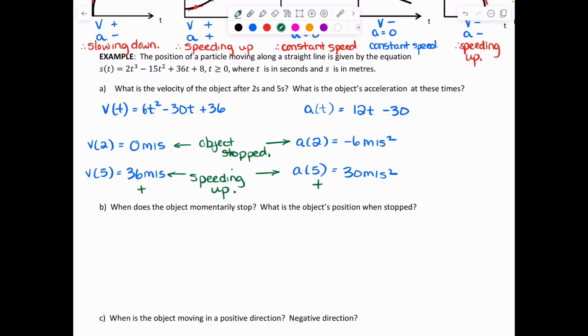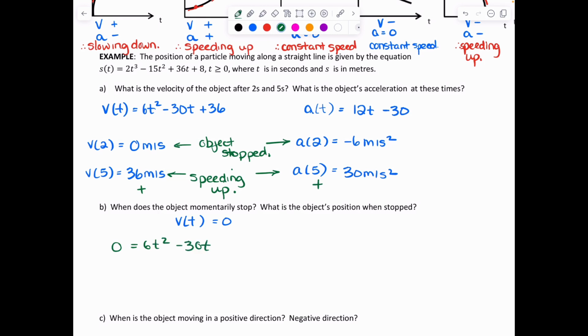Okay, next question, we want to look at when does the object actually stop, and we know this from last day, that this is when v at t equals 0. So we already have v at t from above. Of course, we need to set it equal to 0 and solve for t.